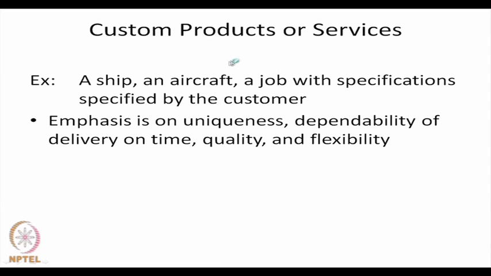Custom product examples could be a ship or an aircraft, in which case the customer says that this is the requirement, this is the specification, or even small jobs with specifications specified by the customer. The emphasis is therefore on uniqueness.